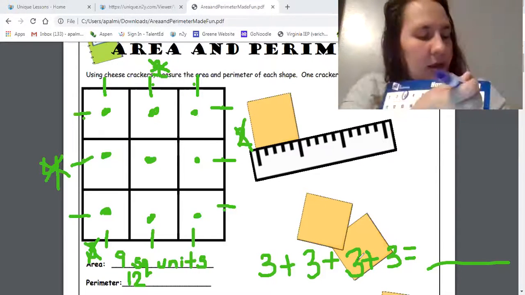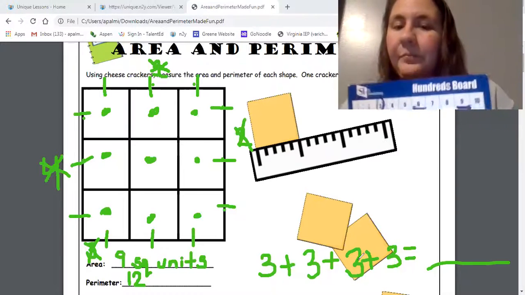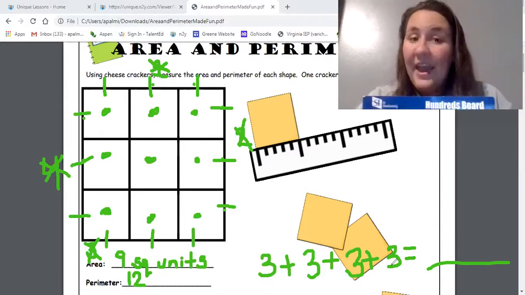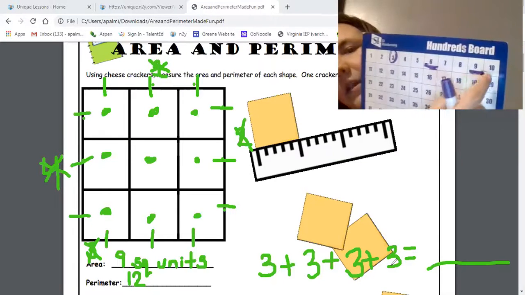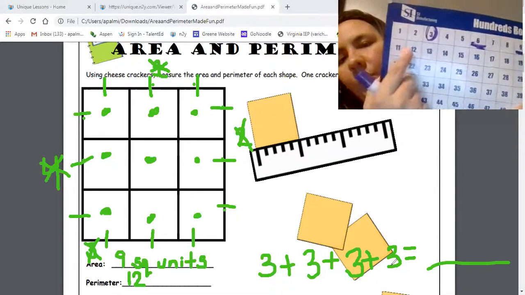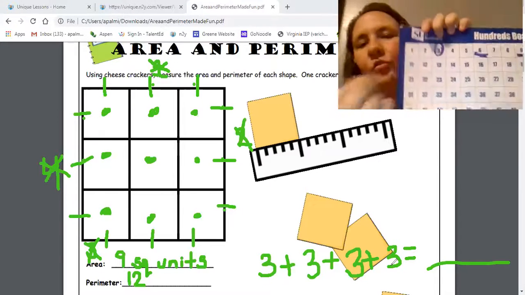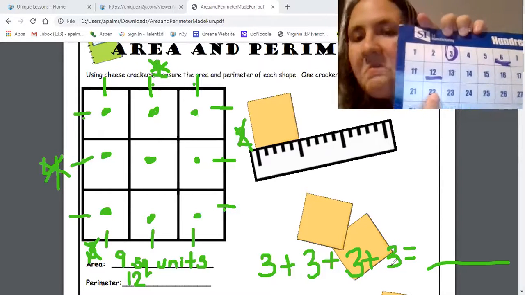So I'm going to put my line underneath so I know that's where I stopped, but I need to keep going. I'm going to move my arrow to see my last number. What number is this? 3 again, right? So I start here and I'm going to add 3 more. Ready? 1, 2, 3. What number did I land on? 12. Very good. Do I have any more to add? No, right?